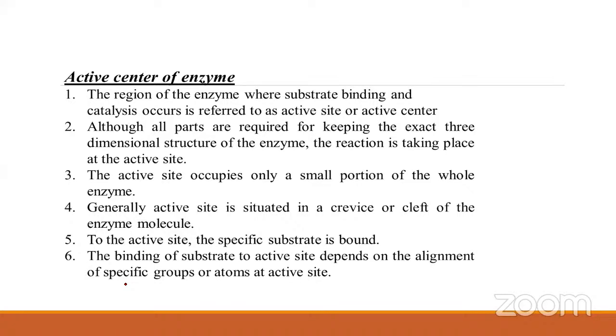What are the properties of this active site? The active site is specific for its substrate. Only the specific substrate can come and bind to this active site. No other molecule can bind to it. It depends upon the alignment of atoms or the amino acids present at the active site. You will get more clarification later in these classes.